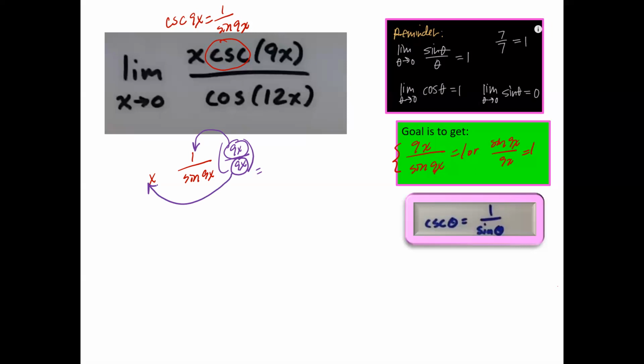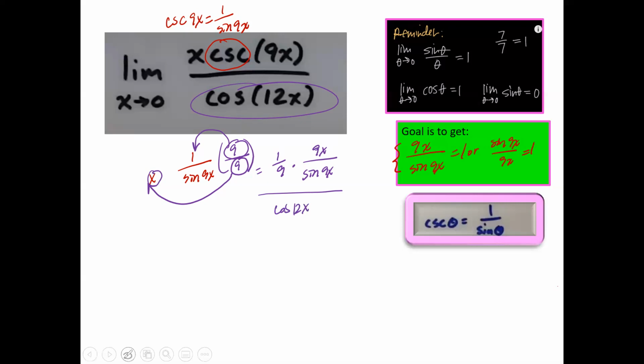Actually, I'm sorry, I don't need a 9x, I just need an x, because you have the x right there. I don't want to add more to us, so I'd have to cancel it later. So I have 1 over 9 times 9x on top and sine 9x in the bottom, divided by, don't forget your cosine 12x.